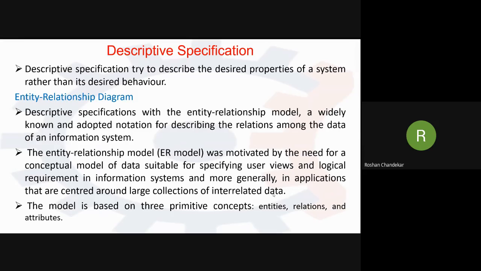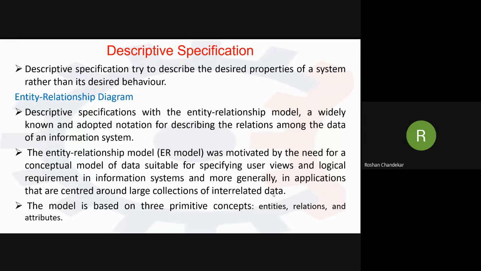When we are talking about the ER diagram or entity relationship model, it is used to specify the user view and the logical requirements where the application is used to collect interrelated data. By using that interrelated data, we develop our entity relationship model.